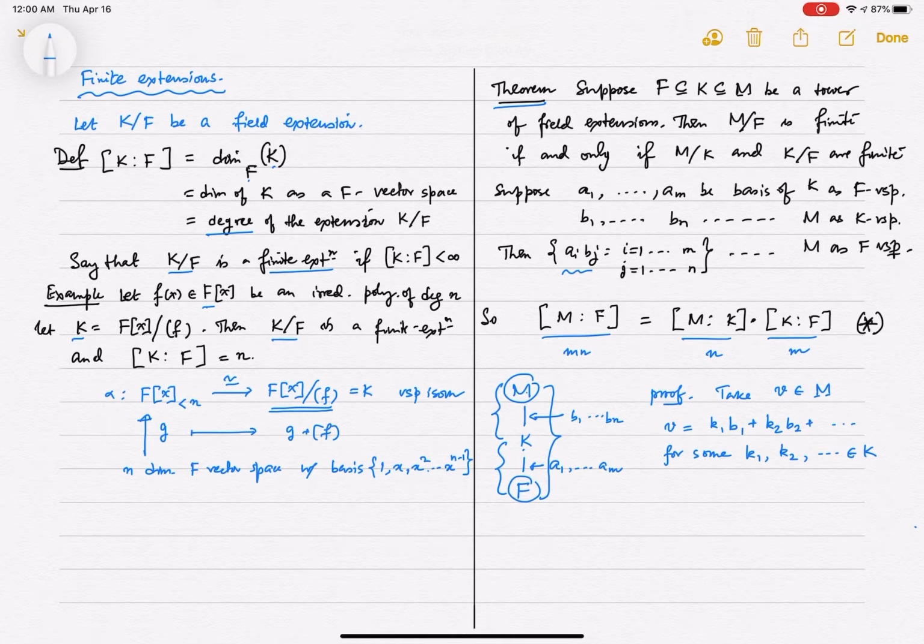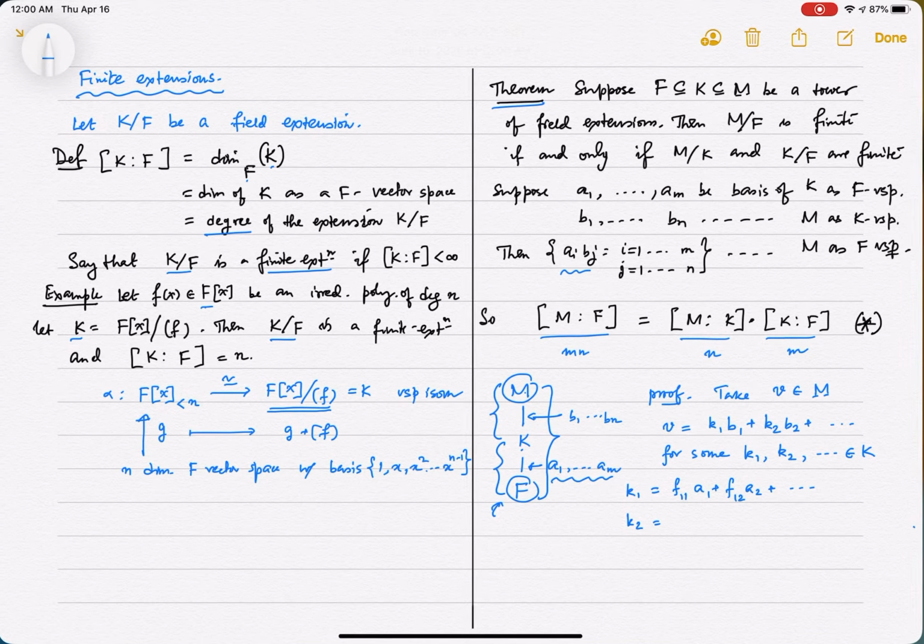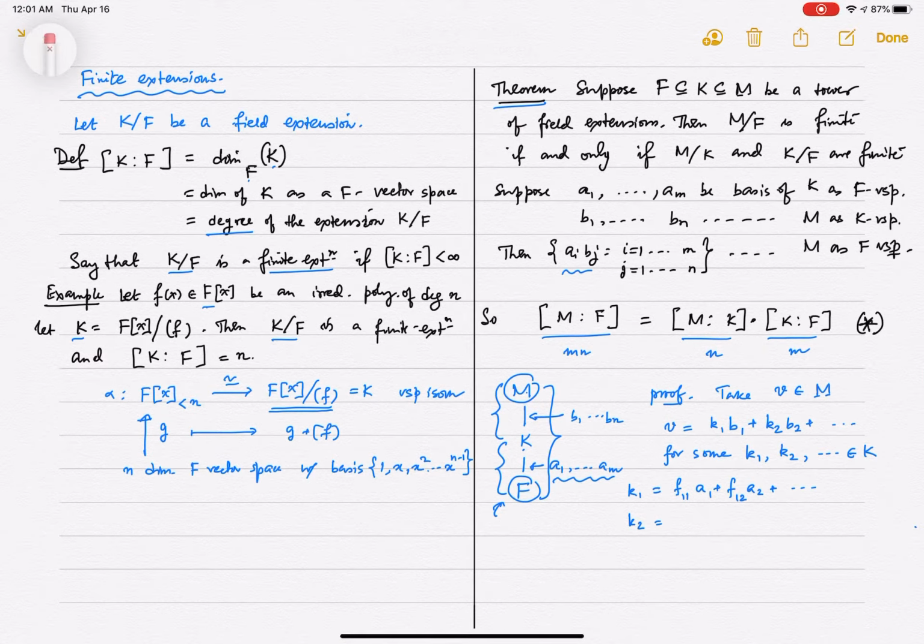Now these k1, k2, etc. can also be written in terms of the A's with coefficients in F. So k1 is an element of K, which can be written as a linear combination of A1, A2, etc. with coefficients in F. Let's call them f11, f12, etc. And then k2 can be written in a similar way.